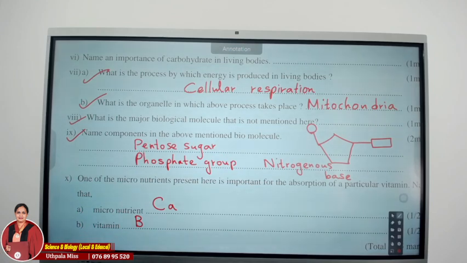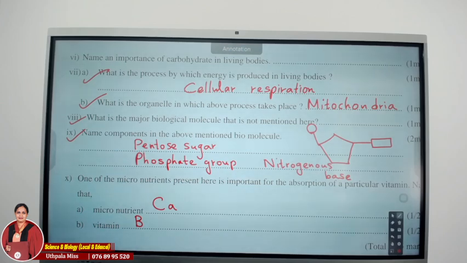Sodium and calcium are the micronutrients available. So it asks about the vitamin which is absorbed in the presence of a particular micronutrient. And though you selected the micronutrient as calcium, what is the vitamin that is absorbed effectively in the presence of calcium? Yes, vitamin B or D?